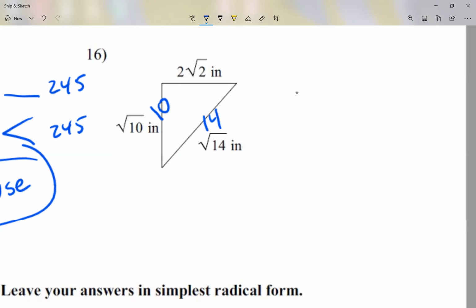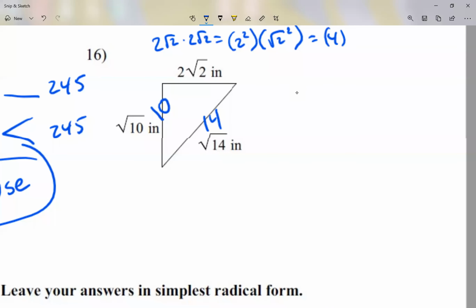Now, 2 radical 2 all squared. Let me work it out, because I have 2 square root of 2 times 2 square root of 2. And I remember from the beginning of today's lecture, I said, combine the whole numbers, I have 2 squared, and then combine the square roots. That gives me 4 times 2, which is 8. So this little side is 8.